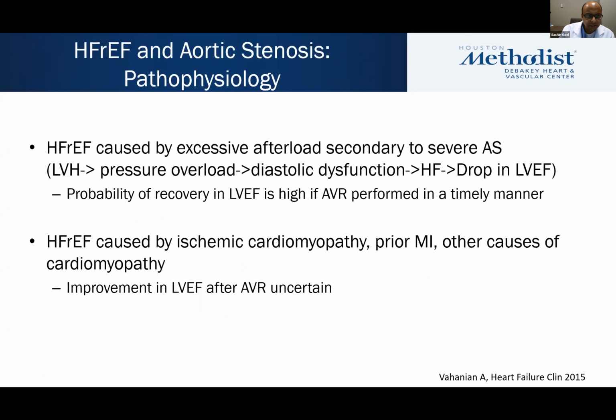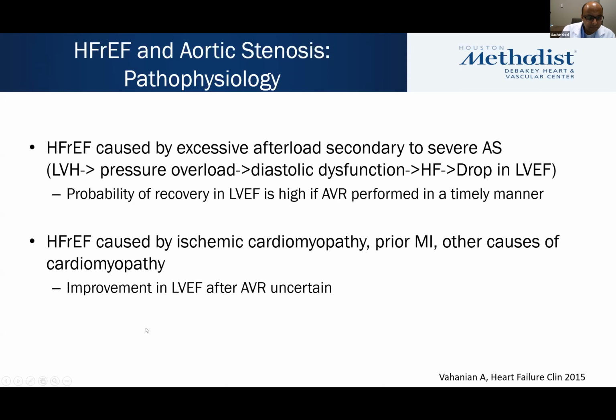What is the pathophysiology? HFrEF can be caused by the AS itself, by excessive afterload. The mechanism is left ventricular hypertrophy and pressure overload, followed by diastolic dysfunction, heart failure, then a drop in ejection fraction and more heart failure. The probability of recovery in ejection fraction is high if AVR is performed in a timely manner, if the HFrEF is caused by AS.